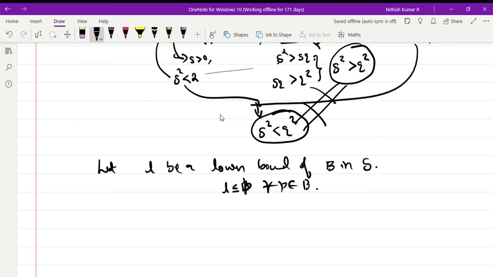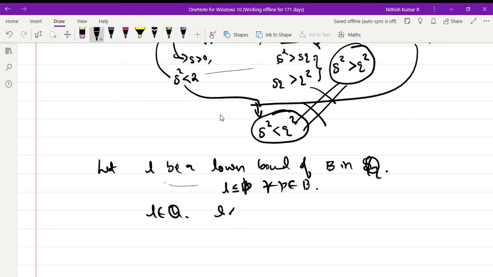Now elements in B are greater than 0 and L is less than or equal to P. Now L is a lower bound of B in Q, so L belongs to Q. Now we shall go with the two cases.